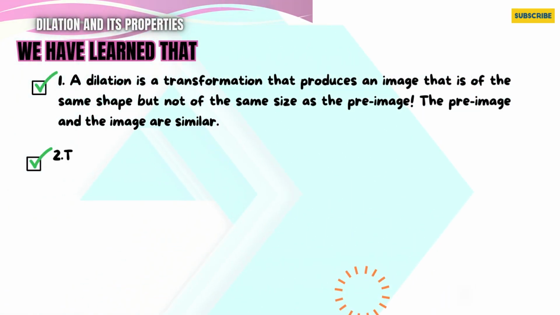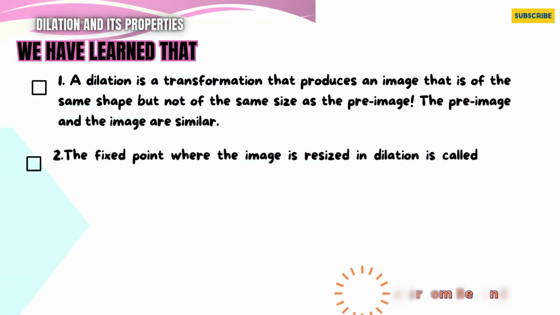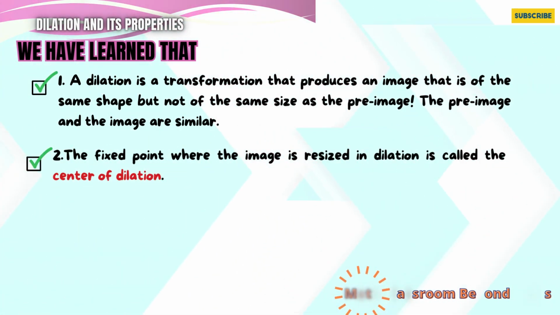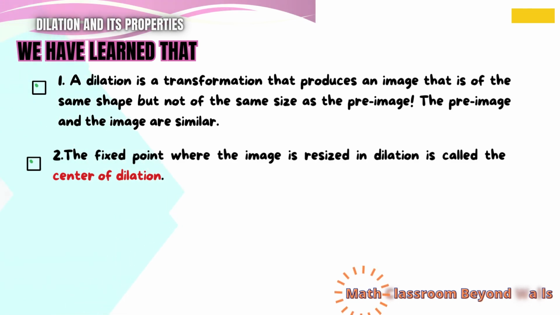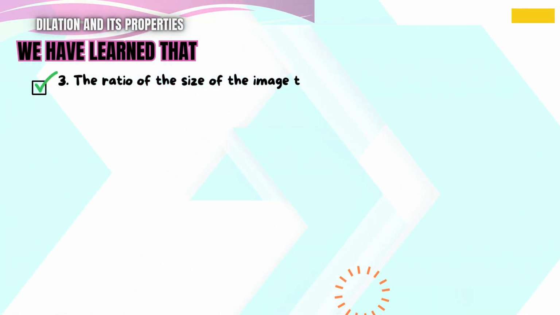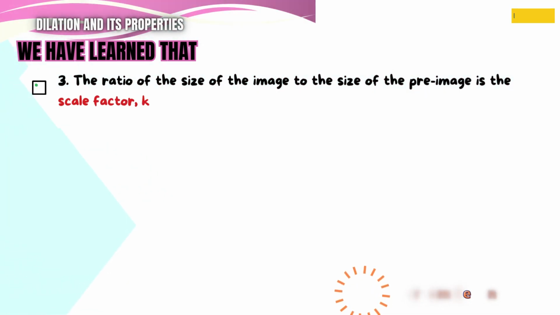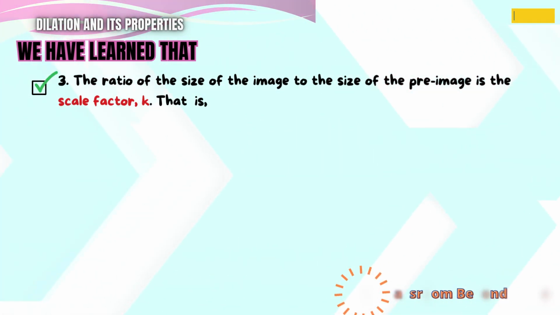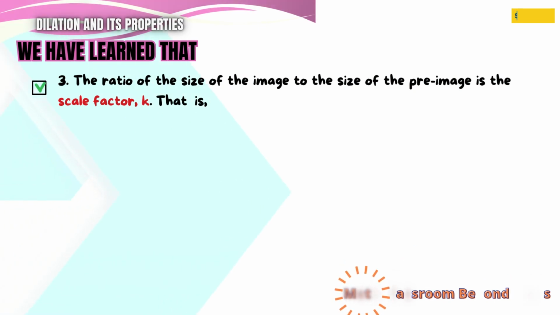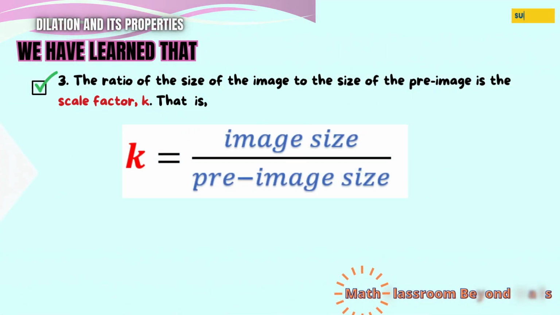Second, the fixed point where the image is resized in dilation is called the center of dilation. Third, the ratio of the size of the image to the size of the pre-image is the scale factor K. That is, K is equal to the image size over the size of the pre-image.